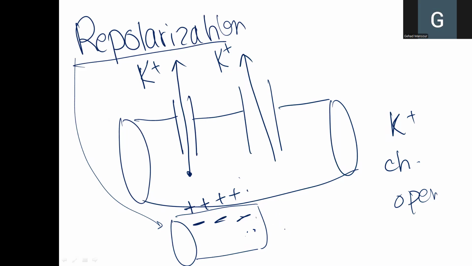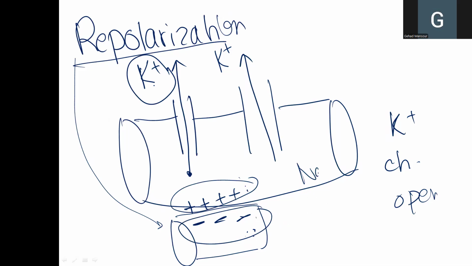But we still have a problem. We corrected the electric charge. We made it positive outside and negative inside, but we have a reversal of concentration, because now potassium, which is supposed to be the main cation inside or intracellularly, is outside. And sodium, which is supposed to be the main cation outside, is now imprisoned inside.